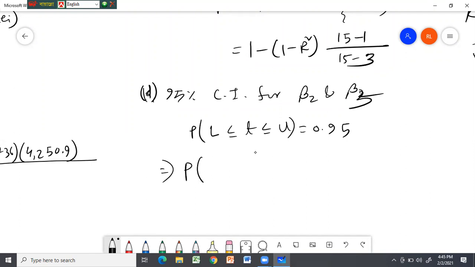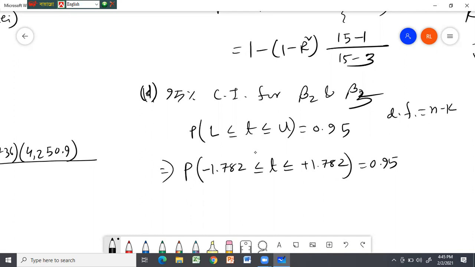So 5% is the level of significance. So your tabulated value is showing 1.782. So your lower limit value is minus 1.782 and upper limit value is plus 1.782 for 95% confidence interval. And our degrees of freedom is n minus k. So that means 15 minus 3.